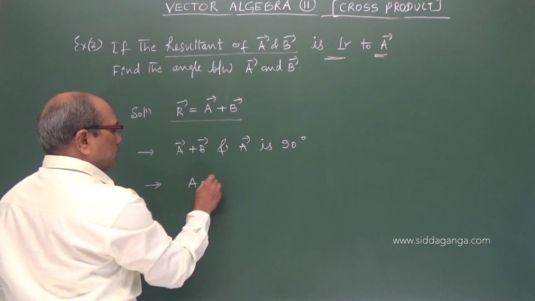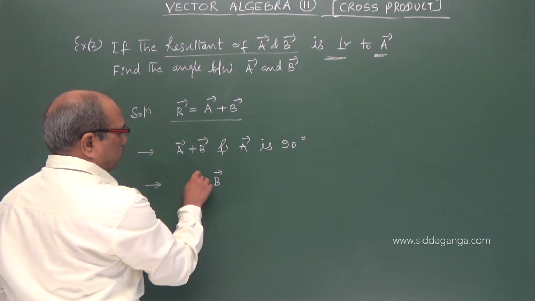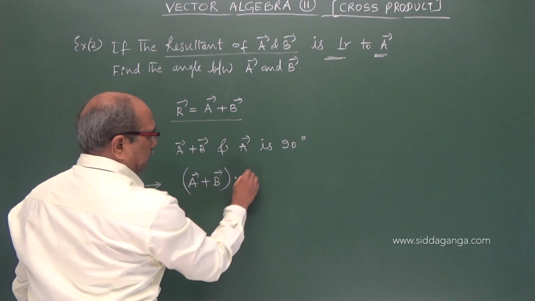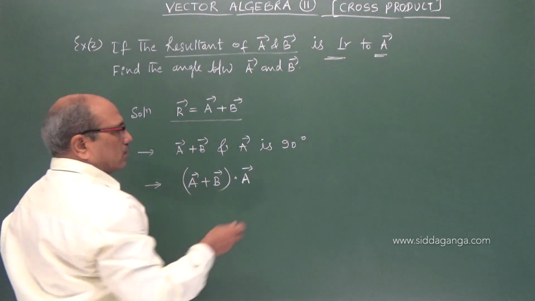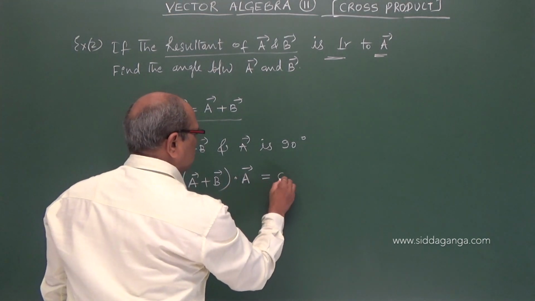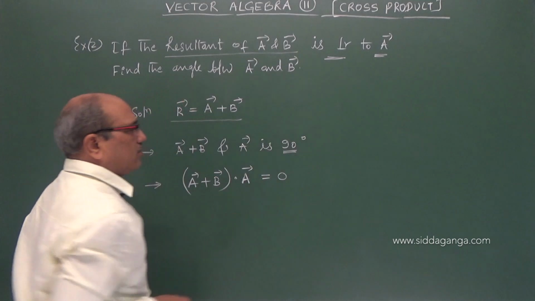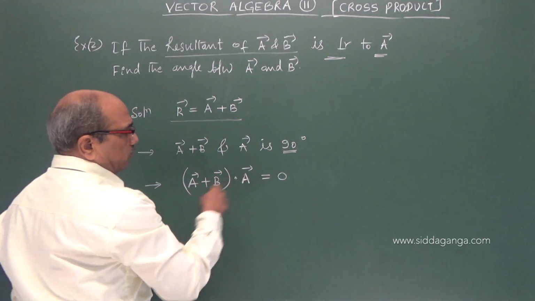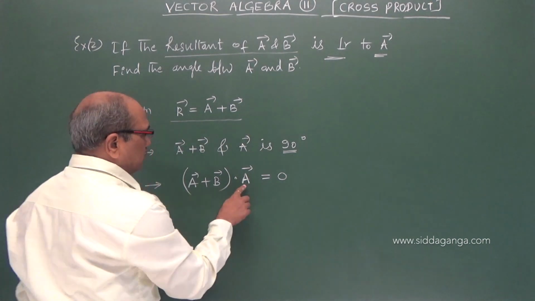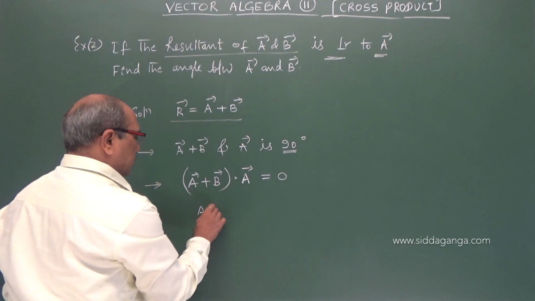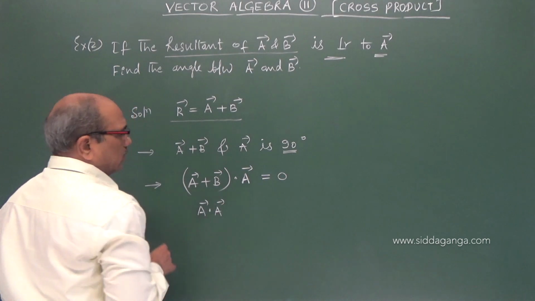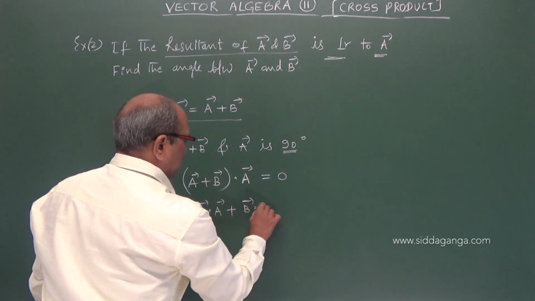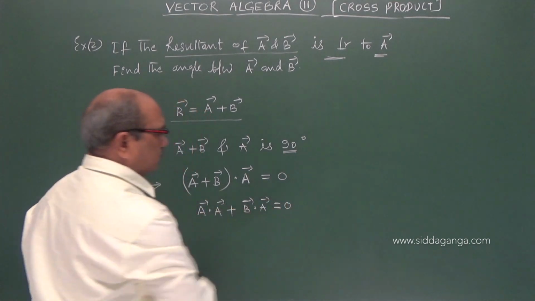That means I take A plus B, the resultant, dot A, which equals 0 because the angle between them is 90 degrees. You know the dot product is commutative, therefore A dot A plus A dot B, that is B dot A, equals 0.